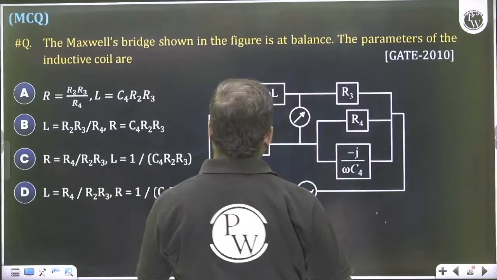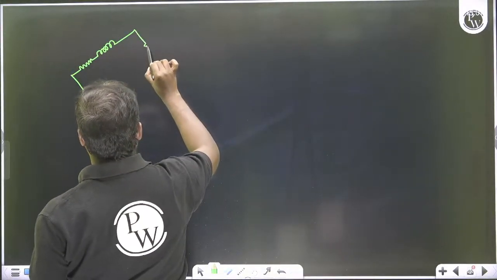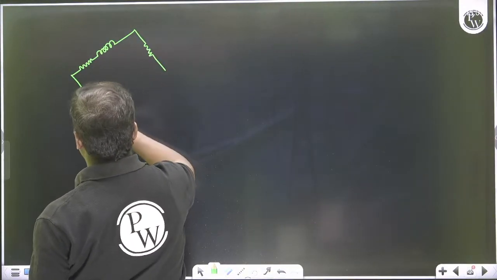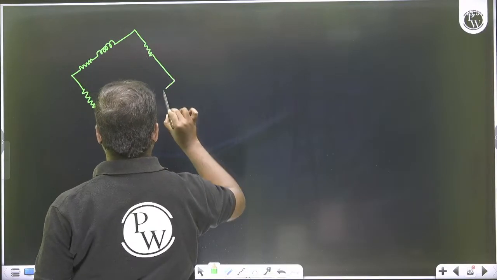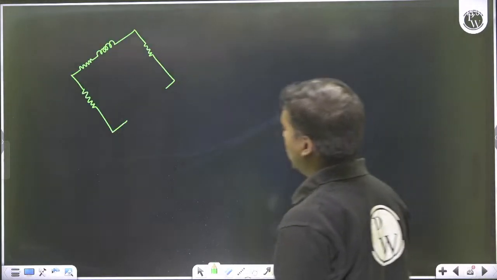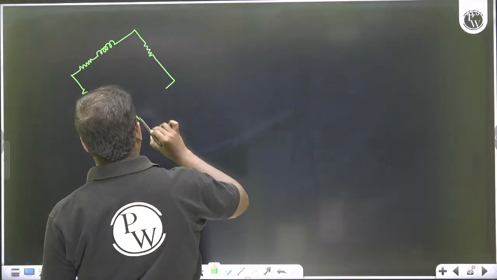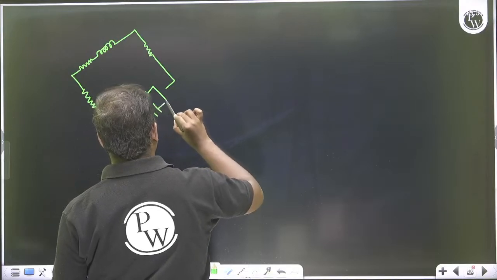And here we are having R2, here we are having R3. So this is another resistor. And here there is a parallel combination. So what is the parallel combination? R4 and omega C4. So this is R4 and this is C4.